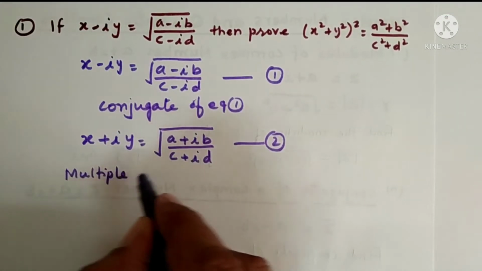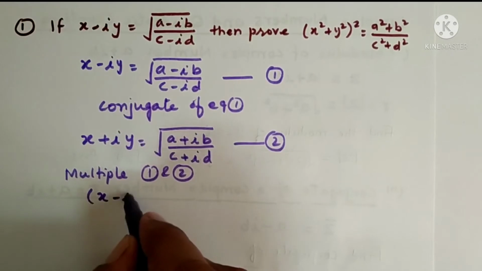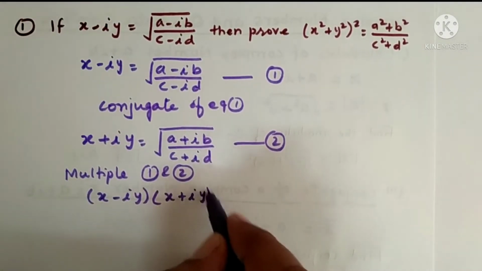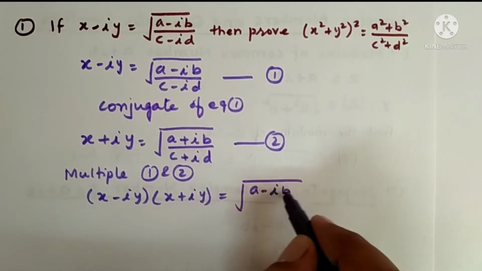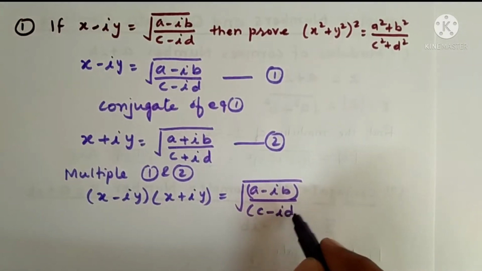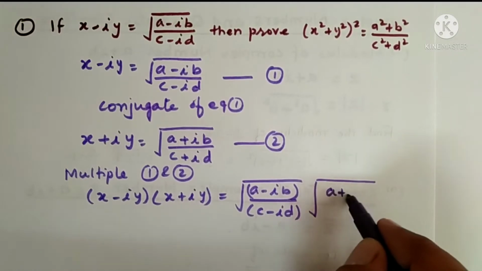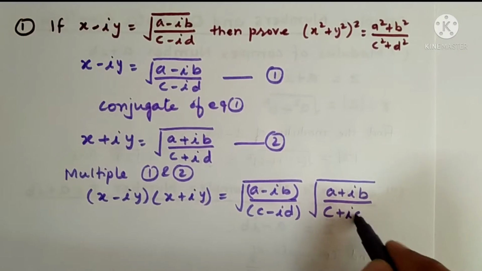So what we get, x minus iota y into x plus iota y equals root of a minus iota b upon c minus iota d into a plus iota b upon c plus iota d.